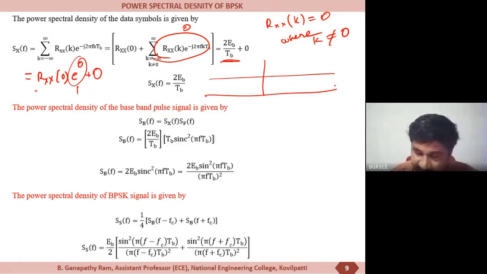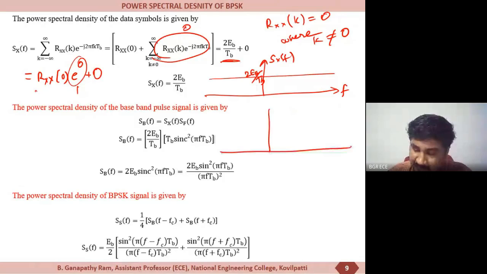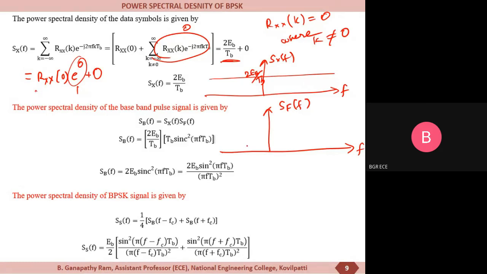So its amplitude is, this is f, Sx of f. So amplitude is 2EB over TB. This is the power spectrum of this random function, and the power spectrum of the pulse shaped function g of t is TB sin square of pi f TB. So sin square function can be represented like this.